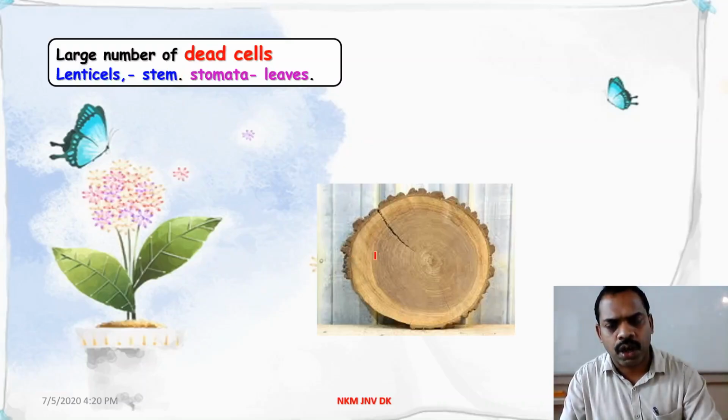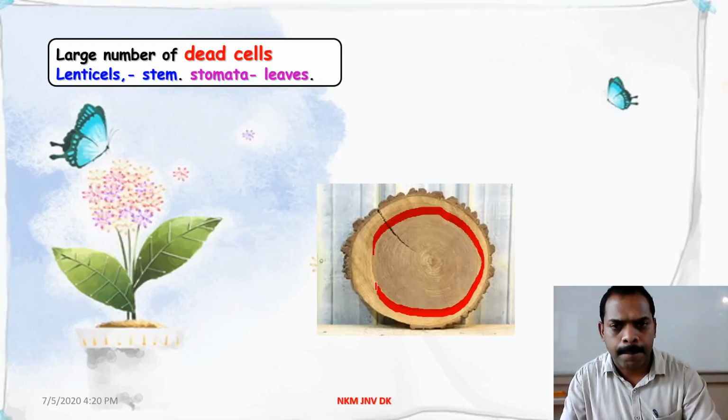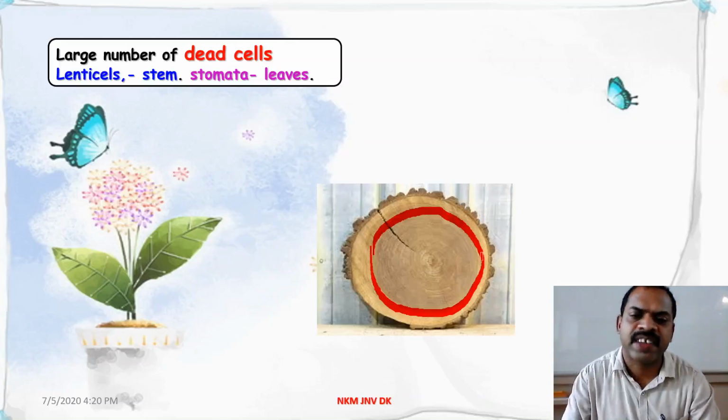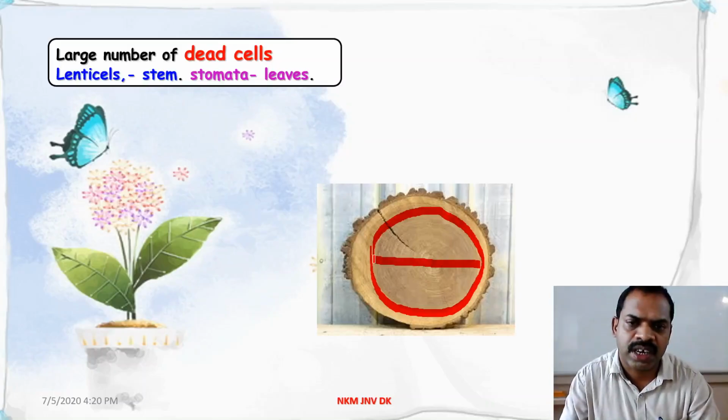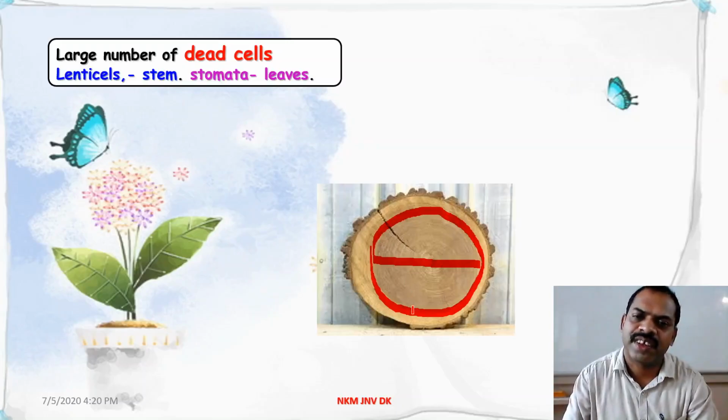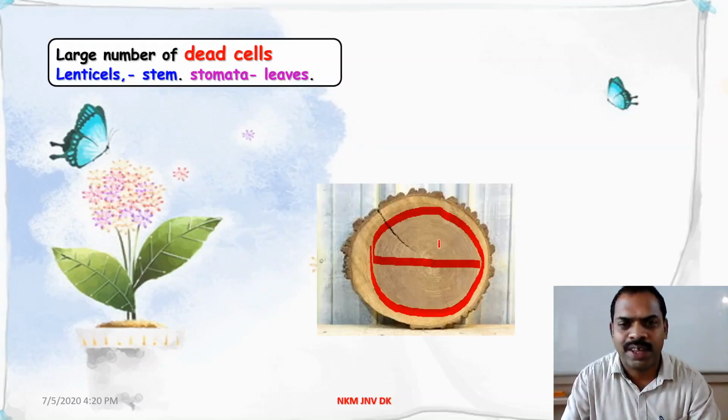So this is a cut. See here, this much part we use for furniture making and all. These are all dead cells. Fully dead. So no need of any oxygen, no need of energy. And this part is living.